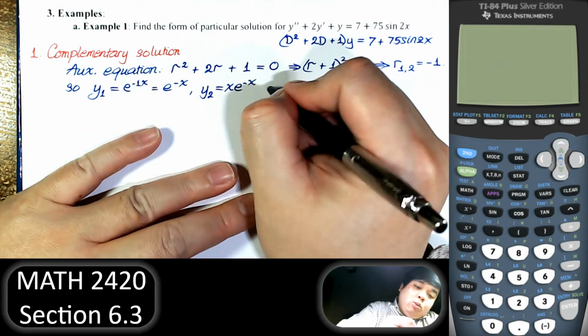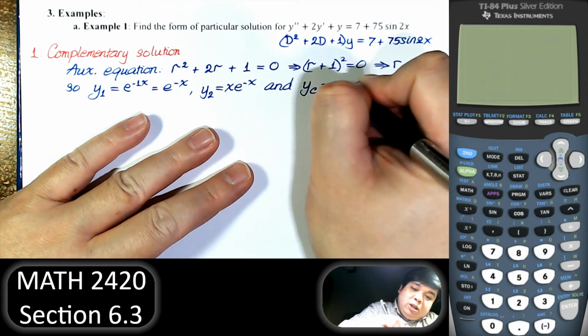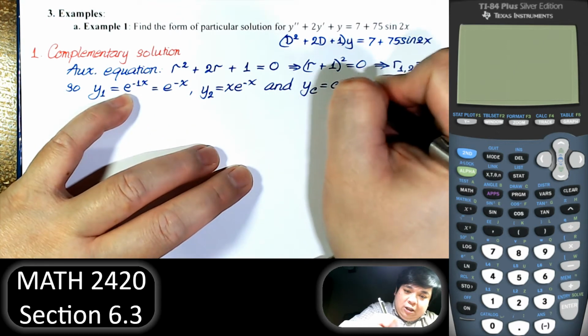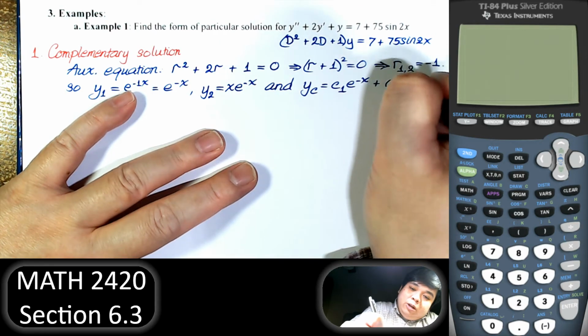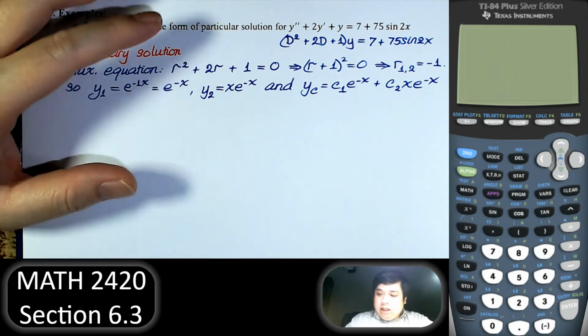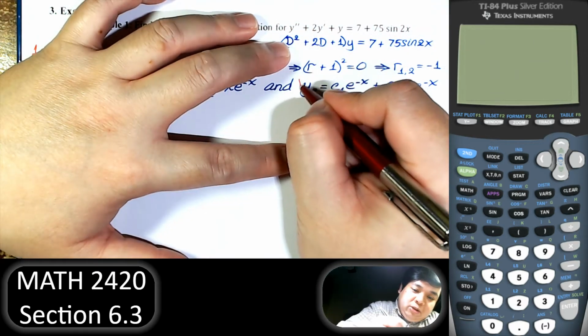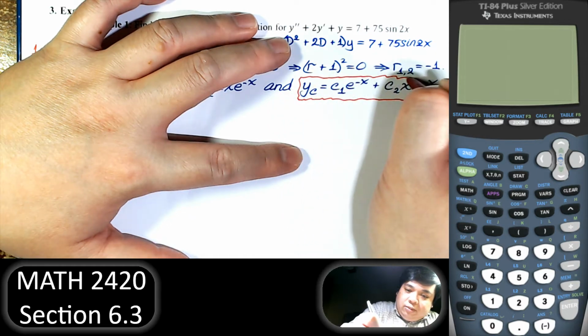And we have y1, y2, and so the complementary solution is c1 y1 plus c2 y2, which is c1 e to the -x plus c2 x e to the -x. So yes, this is the complementary solution for the homogeneous equation.